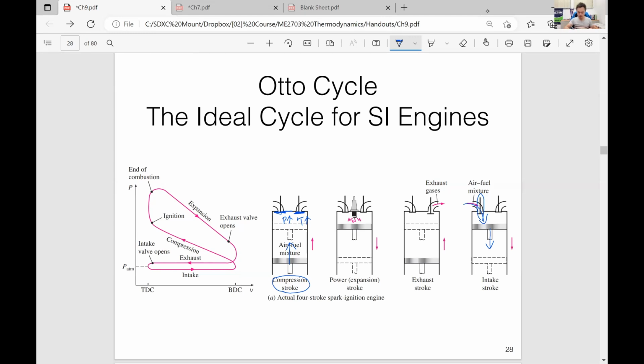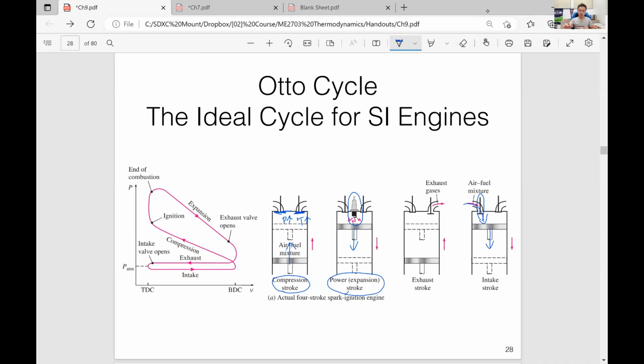Then the power stroke or expansion stroke: you fire the spark plug to ignite the air-fuel mixture, and the mixture burns. Burning releases energy so that the piston is pushed away, which means the system is doing work on the surroundings.